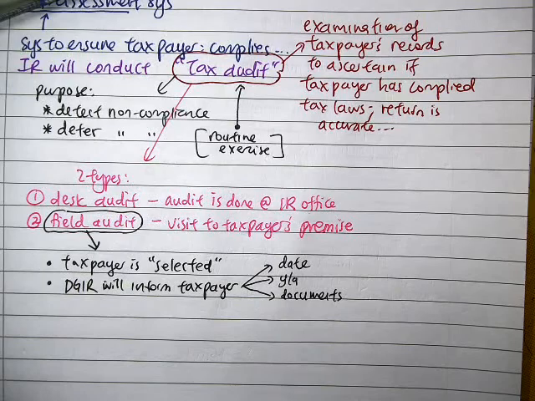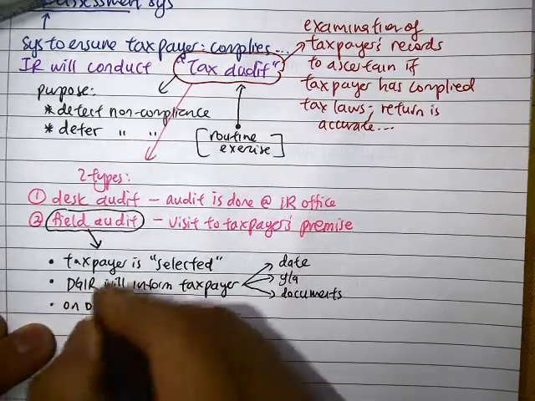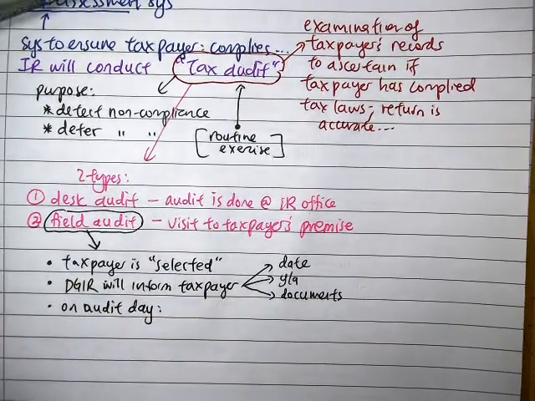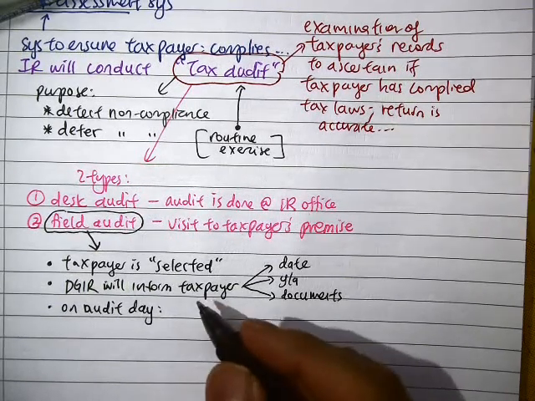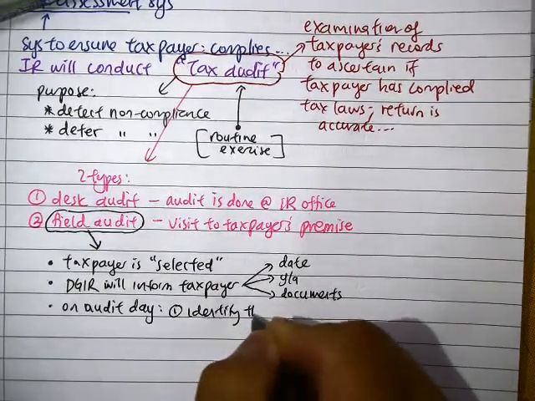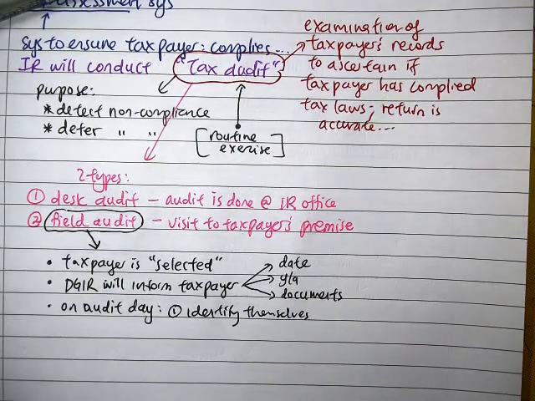Follow? Now, on the audit day itself, the Inland Revenue will come. When they come to you, they will need to identify themselves as Inland Revenue Officers. That's the usual thing they do.